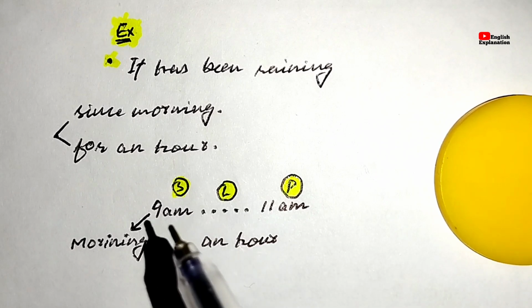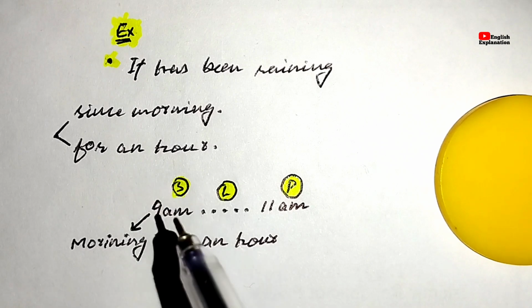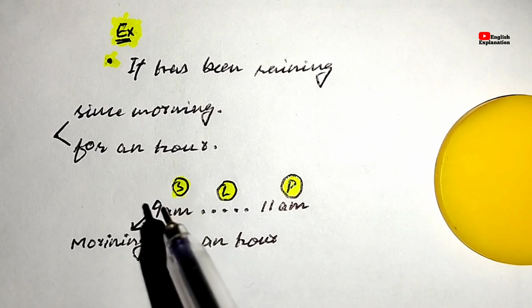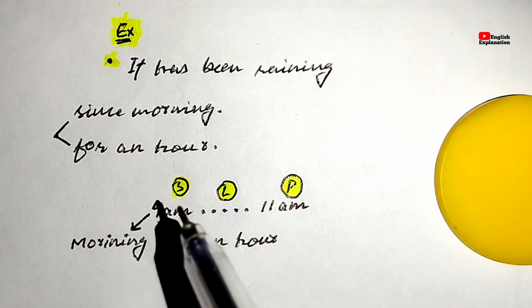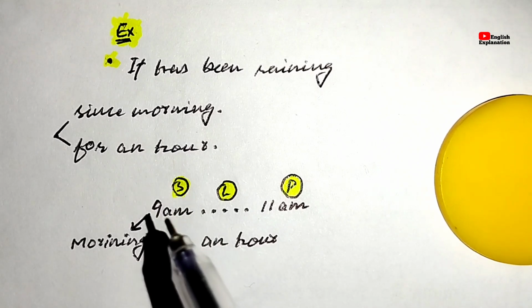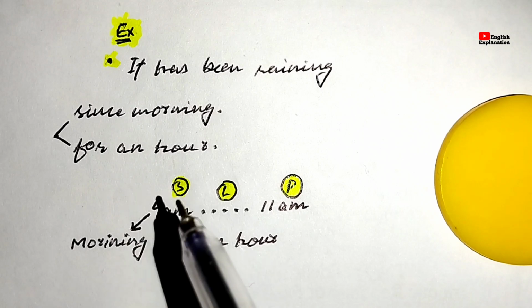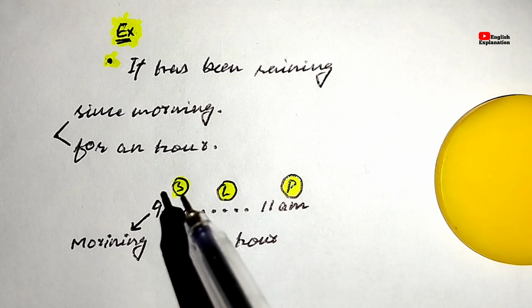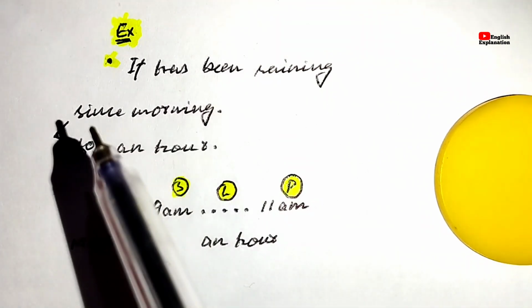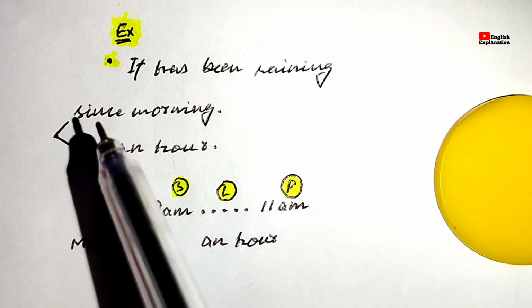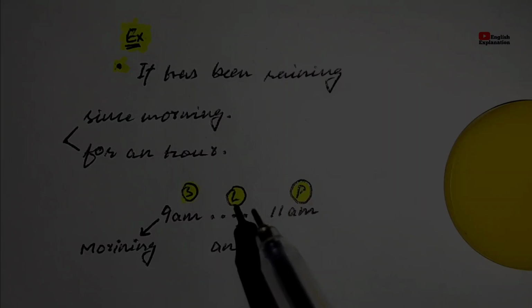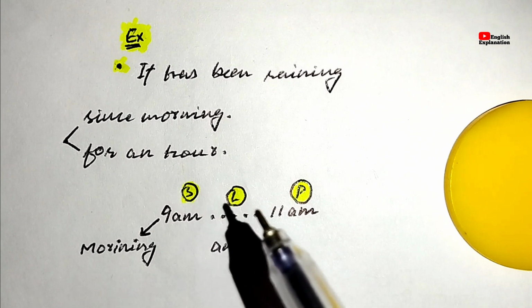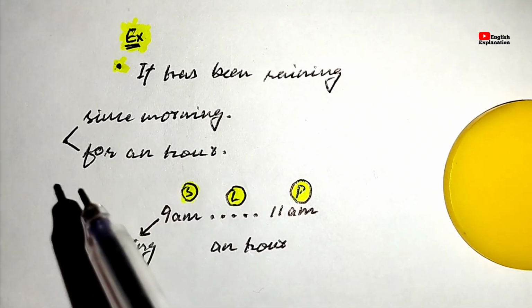And we know we use since for the starting point. It's 9 a.m. or morning time, the starting point of rain. Rain started at 9 a.m. So it has been raining since morning, or you can say since 9 a.m. But when we talk about duration of time or length of time, we use for.